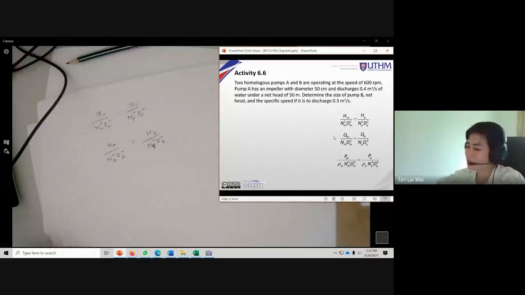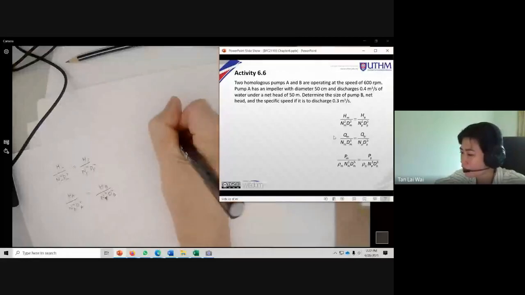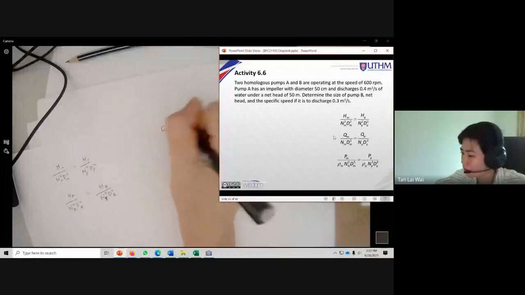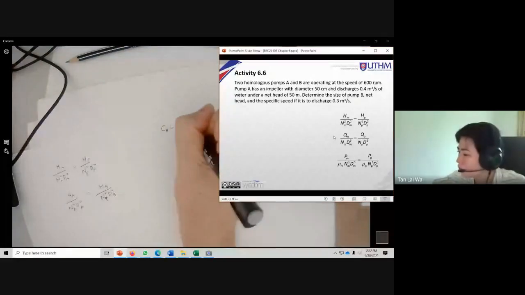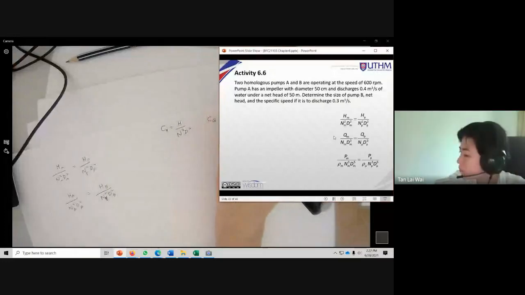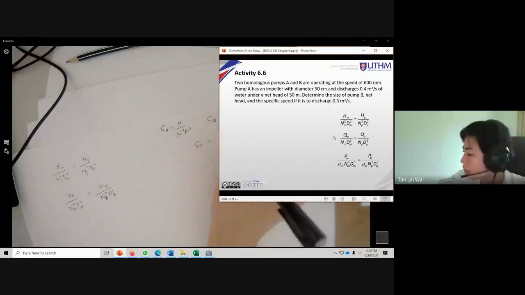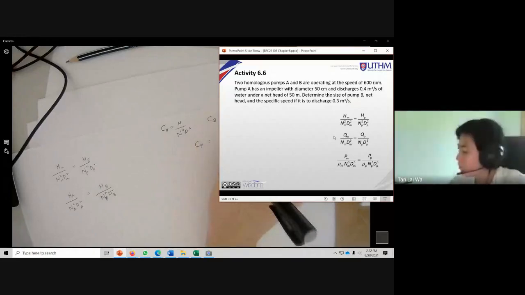Probably you are going to have your formulas given to you, the similarity law for the head, which is this here, for discharge, and the similarity law for power. Okay, so you have that.